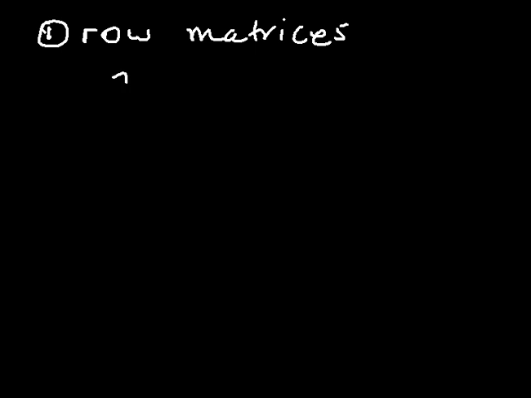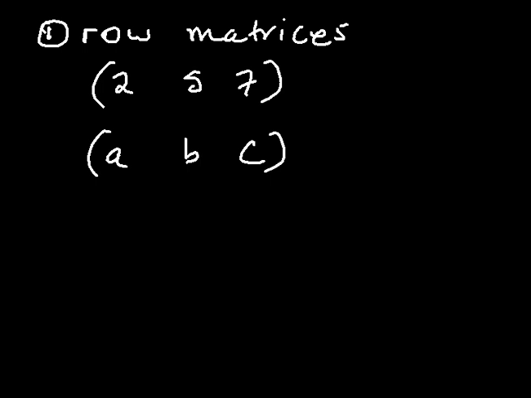You can have, let's say, 2, 5, 7. This is a typical row matrix. Let's say we have A, B, C. This is also a row matrix.